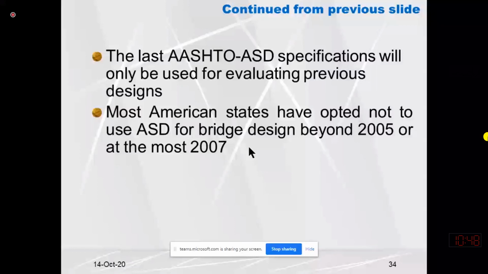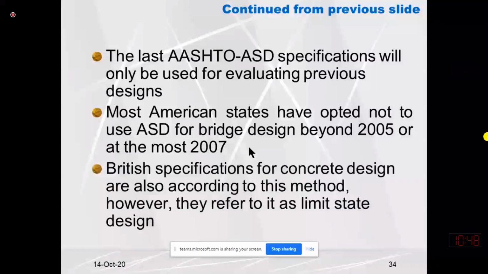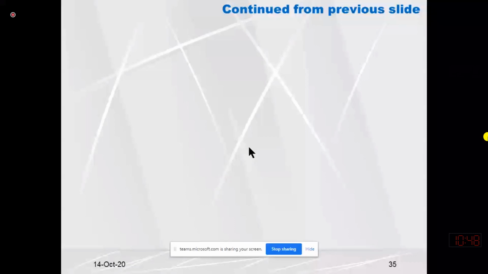And British specifications for concrete design are also according to this method. However, they refer to it as limit state design. In British code and European code, LRFD, load resistance factor design, is referred to as limit state. We have put a limit on strength and also on the load. American universities are only teaching LRFD now.